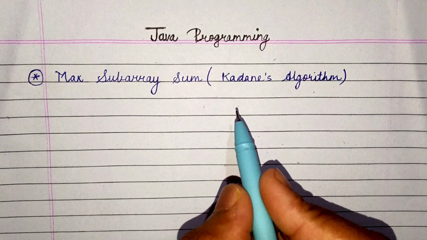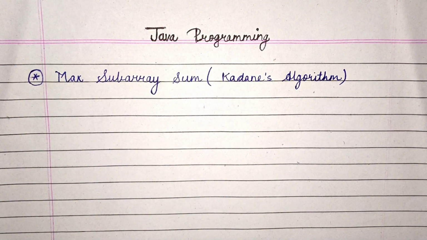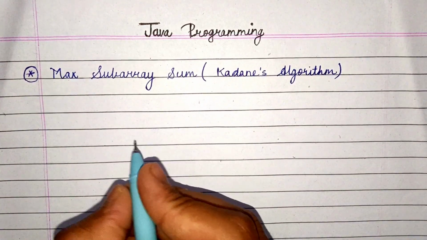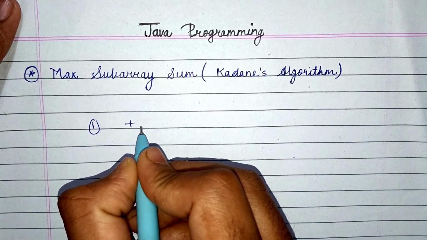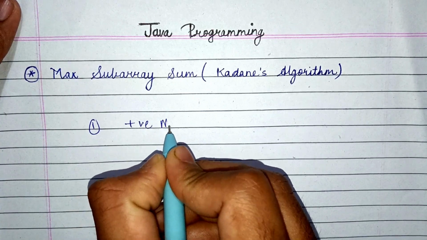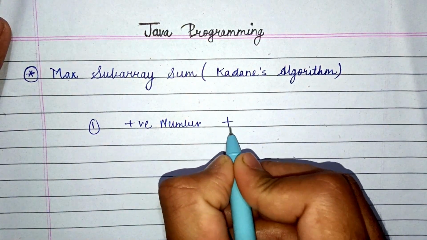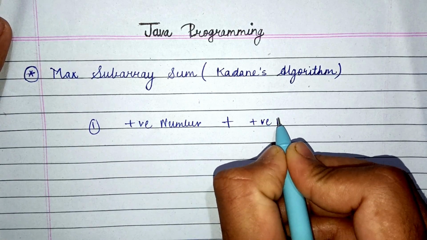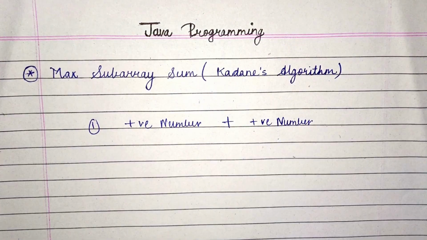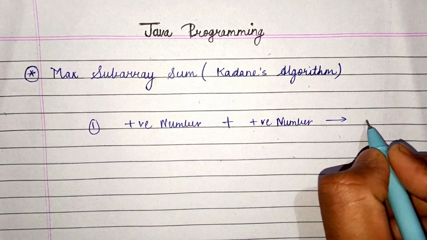Before understanding Kadane's algorithm, let's take a small bit of maths. If we add a big positive number plus a small positive number, what will its output be? The output will be positive.